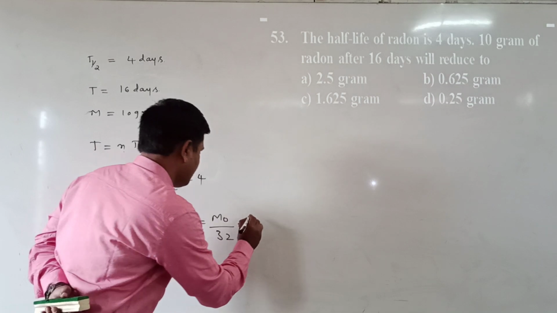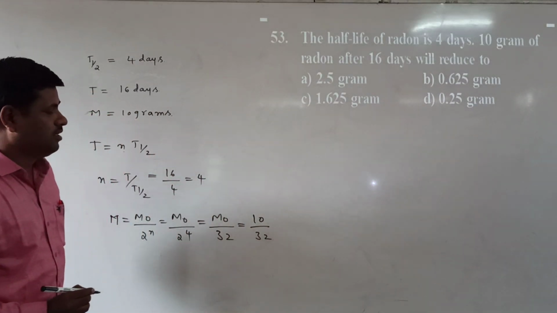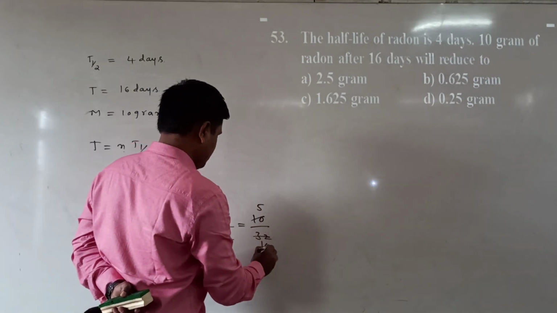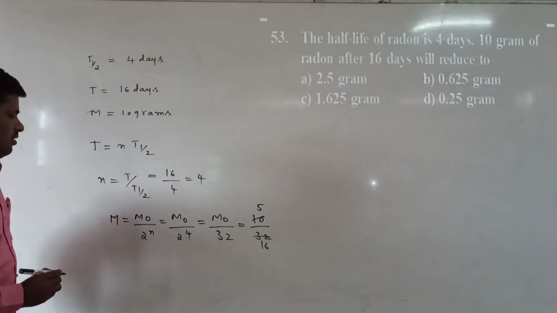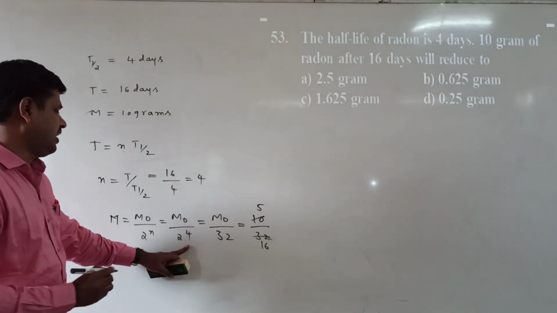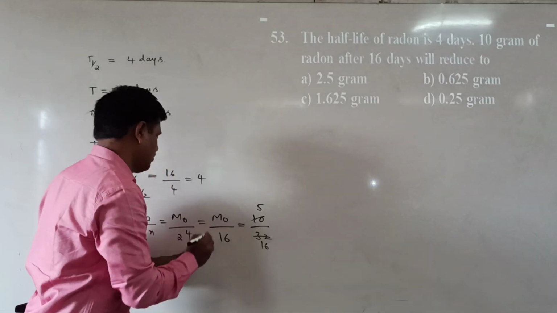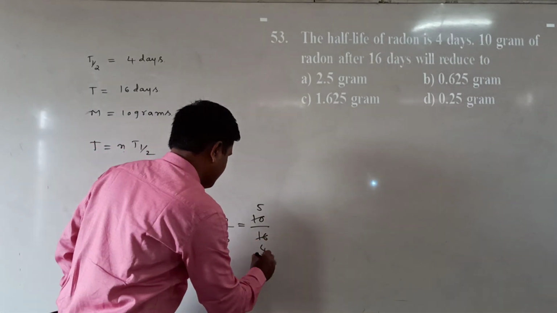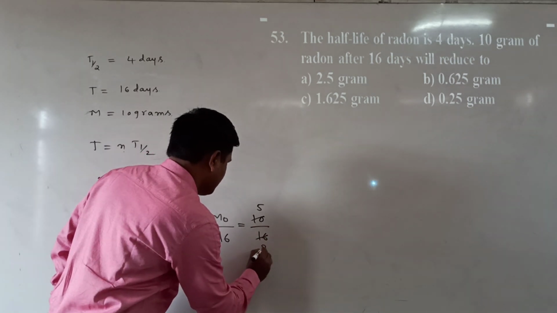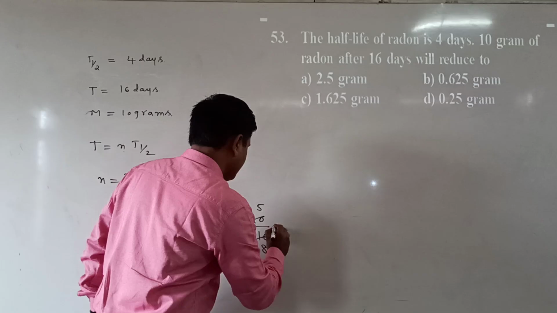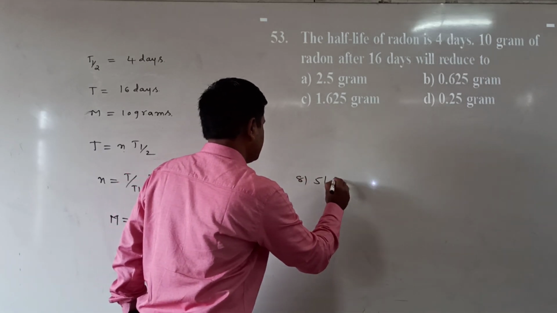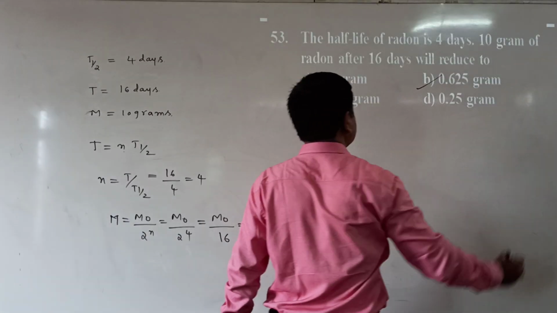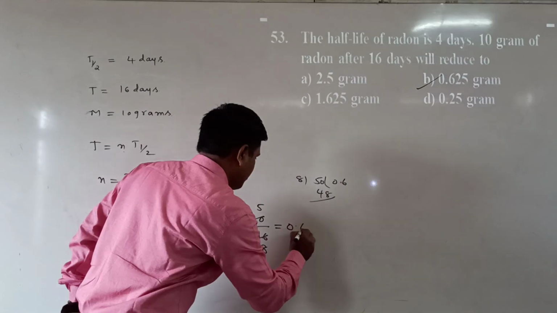We know it is 10 grams. So 10 by 16, which gives 5 by 8. 5 by 8 is equal to 0.625 grams. This value is 0.625 grams.